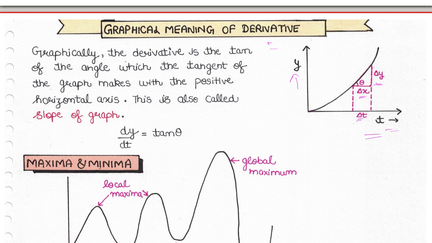So graphically the derivative is the tan of the angle which the tangent of the graph makes with the positive horizontal axis, or this is also called slope of the graph. Here we can write dy/dt is equal to tan theta, or if you take this as delta x, we can write dy/dx is equal to tan theta.